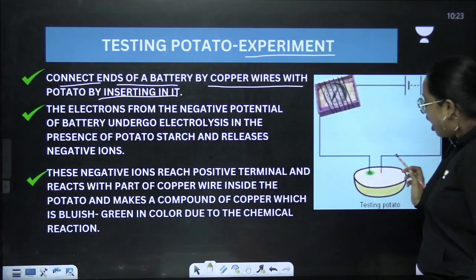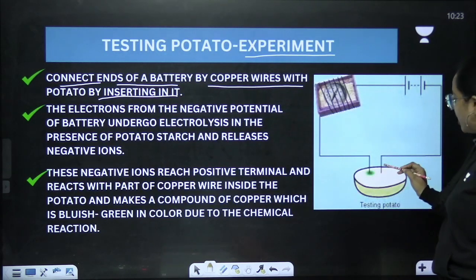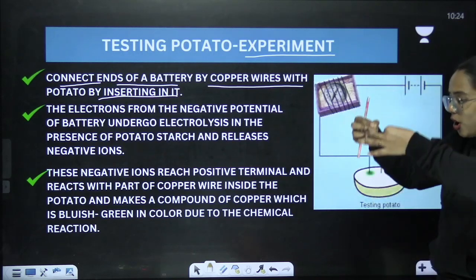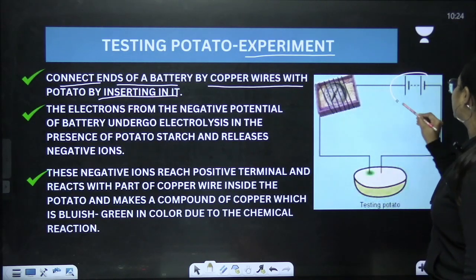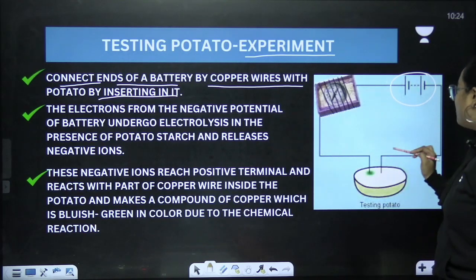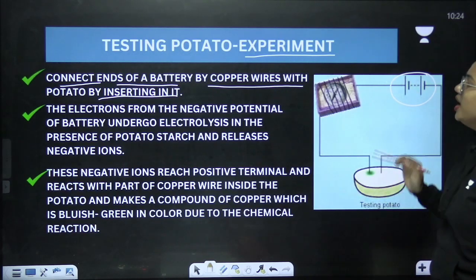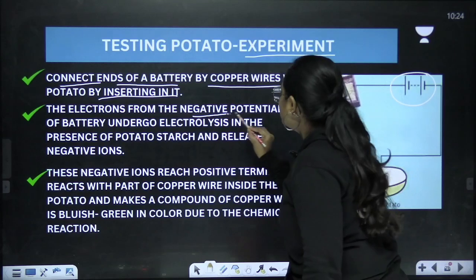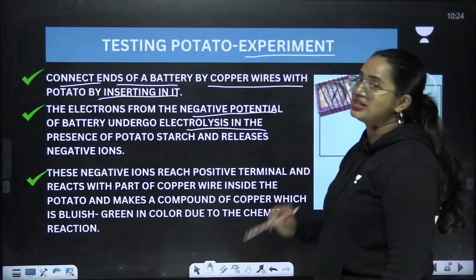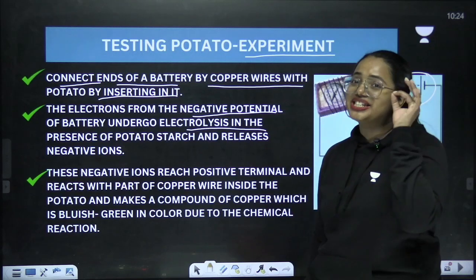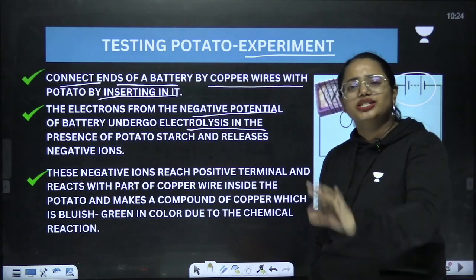I'm taking half of the potato and keeping two copper wires inserted. Okay, and look at it, here is a battery. So the ends of the copper wires are connected to a battery. The electrons from the negative potential of the battery undergo electrolysis. Please keep these terms in your mind. I will explain them one by one.